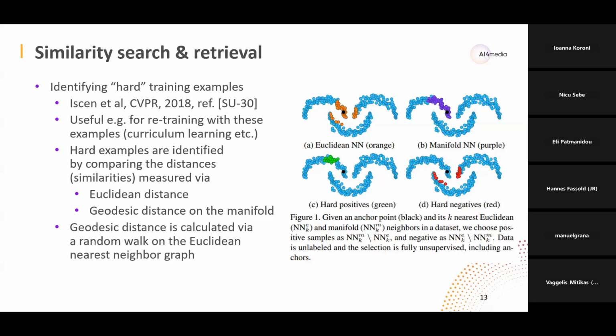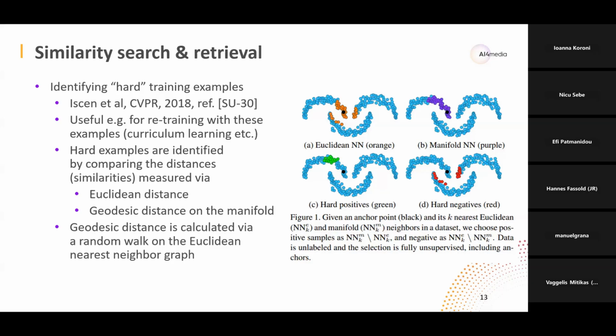And then in A, you have the nearest neighbors calculated with the Euclidean distance. And you see, you also get points which are actually lying on the neighboring manifolds, and we don't want to get those.